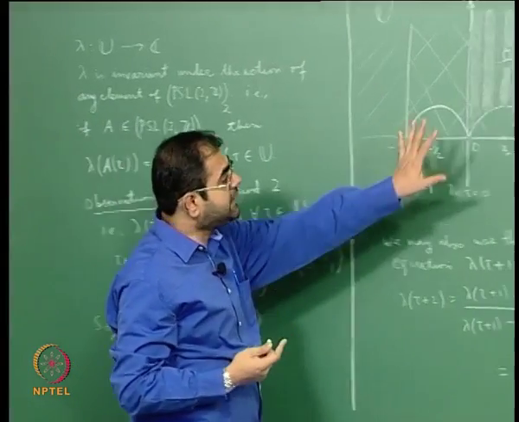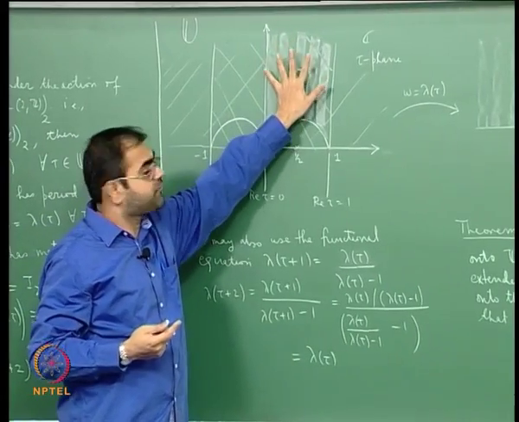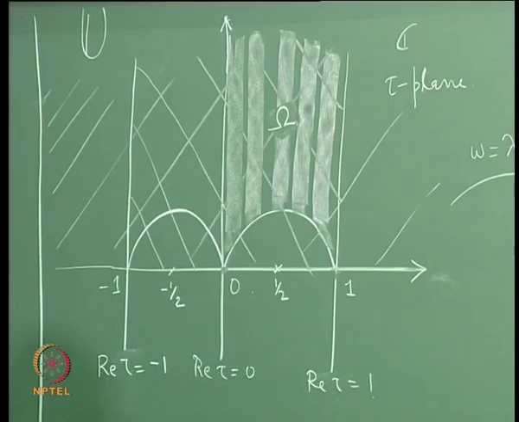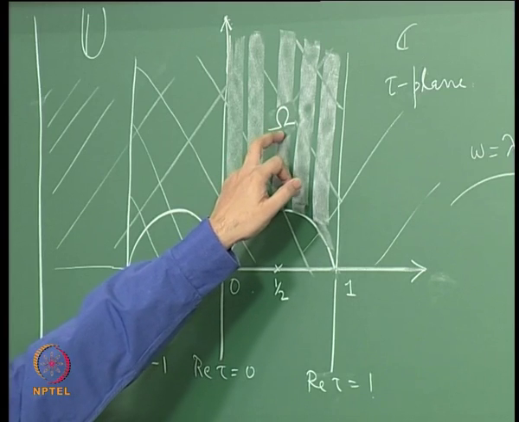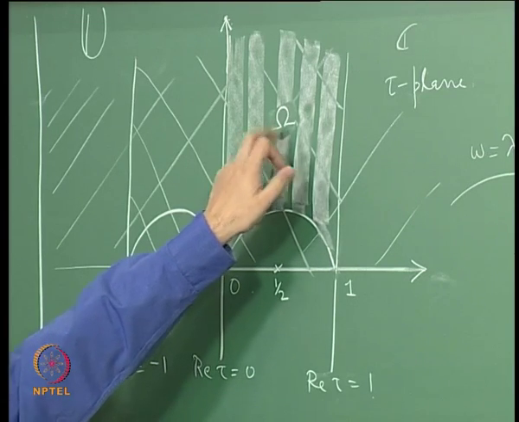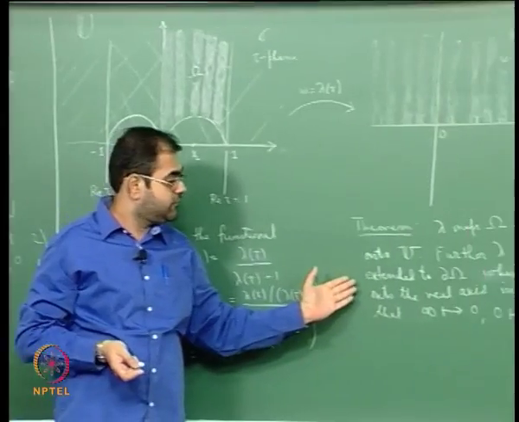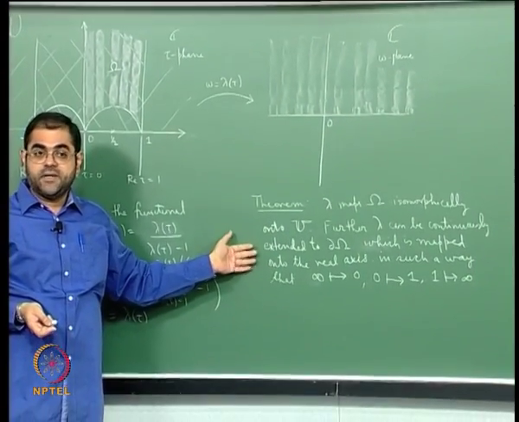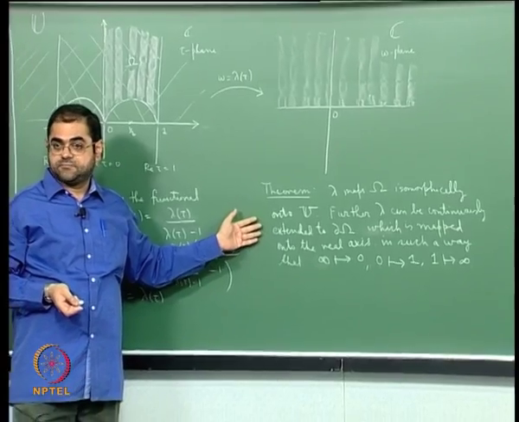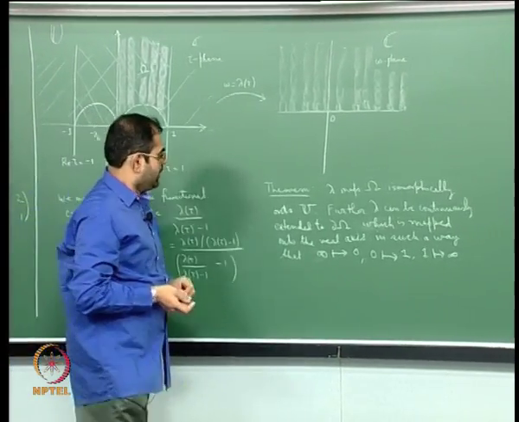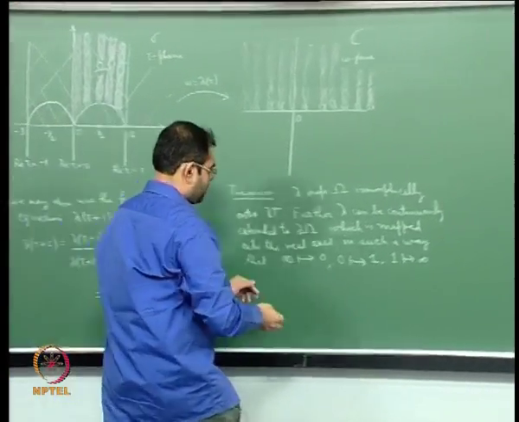So the key lies in studying this region, and this region is fundamental for the way lambda behaves, the way lambda maps, okay. So we will have to prove this.